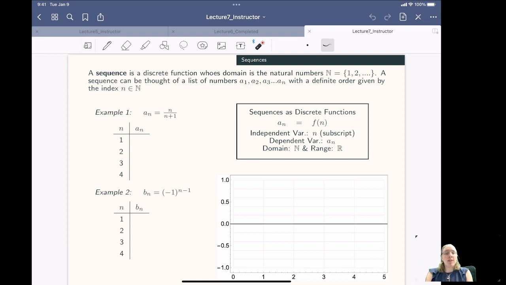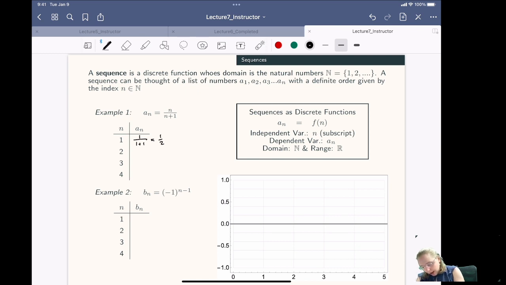All right, so some examples of a sequence are the discrete function a_n is equal to n over n plus 1. So let's evaluate this. All right, what happens if we plug in 1? N equals 1. We get 1 over 1 plus 1, and this is equal to a half.